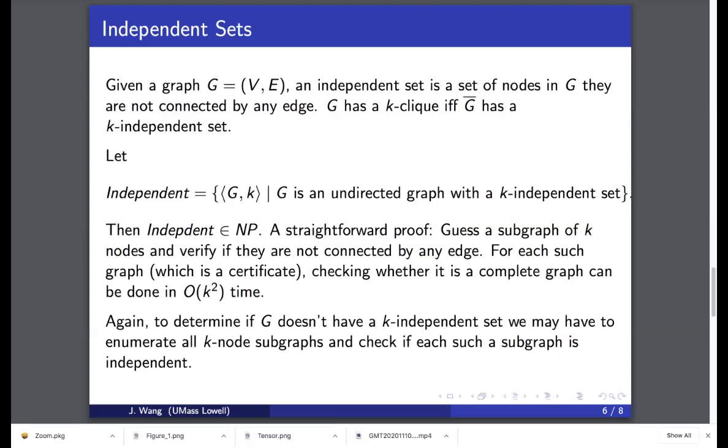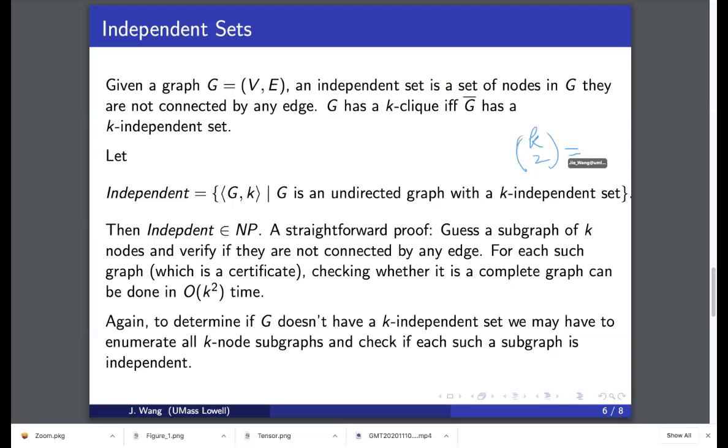I just check each pair. You have k nodes, so you have k choose 2 pairs.